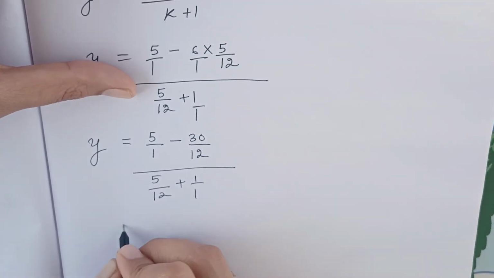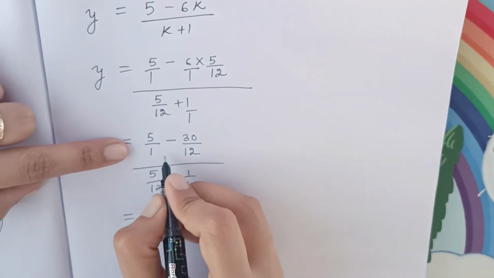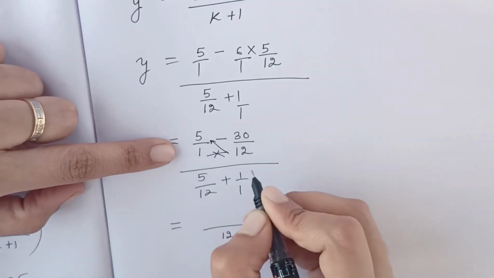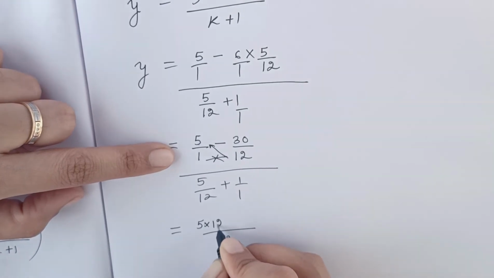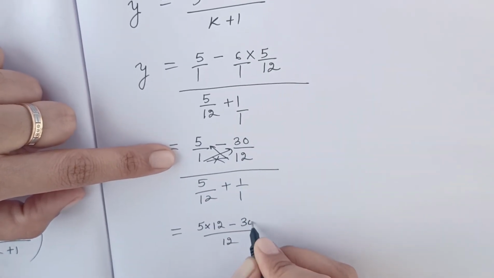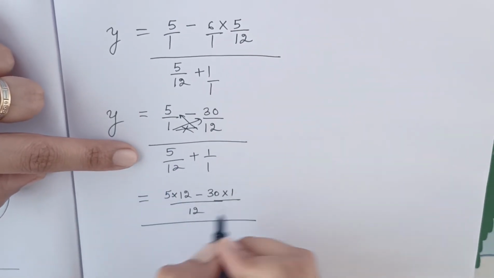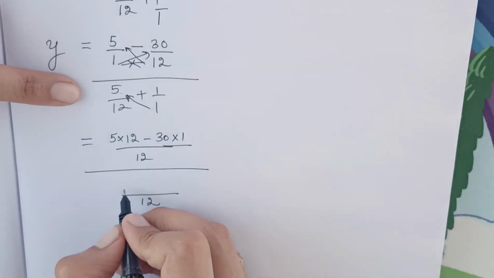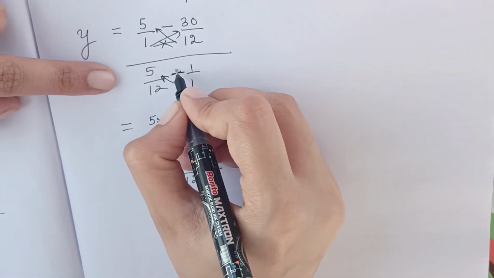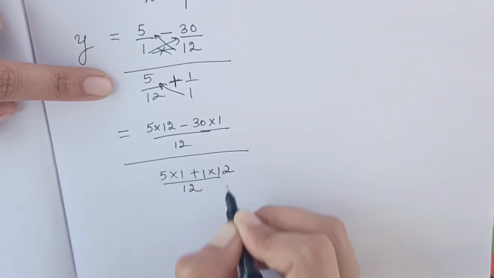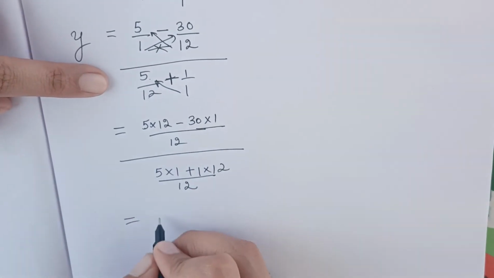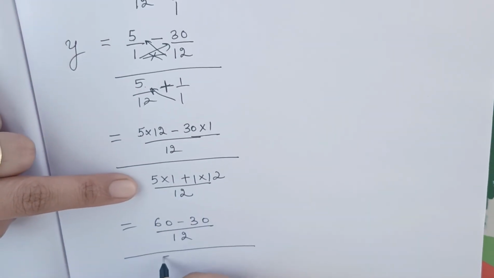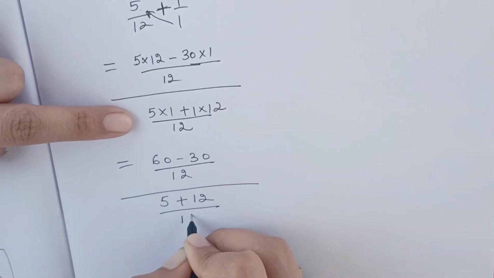Again we solve the fractions individually. The LCM is 12: 5 into 12 minus 30 into 1, over 12. The lower fraction: 5 into 1 plus 12 into 1, over 12.